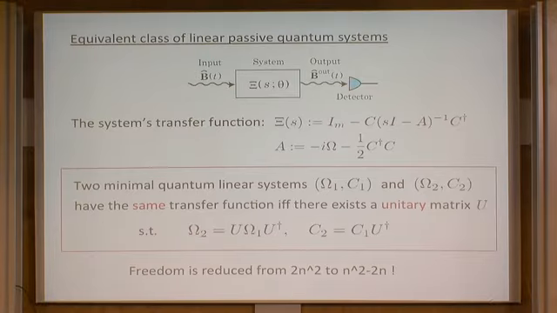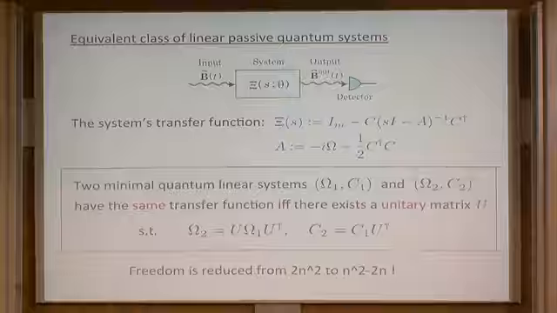Okay, so what is the equivalence class in the passive linear quantum systems case? This result is available through a procedure similar to the classical case. The linear quantum system is characterized by omega and C. Two minimal linear systems, omega 1, C1 and omega 2, C2, have the same transfer function if there exists a unitary matrix U connecting these omega and C. In the most general case, the matrices are connected simply through an invertible matrix, with 2n squared components.